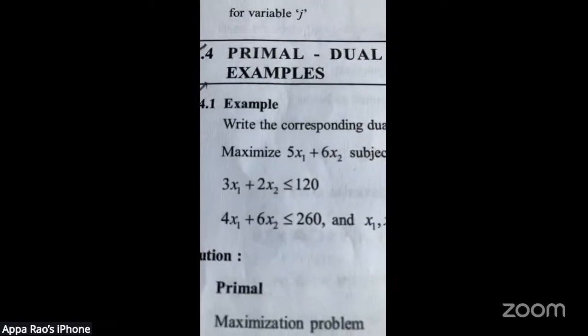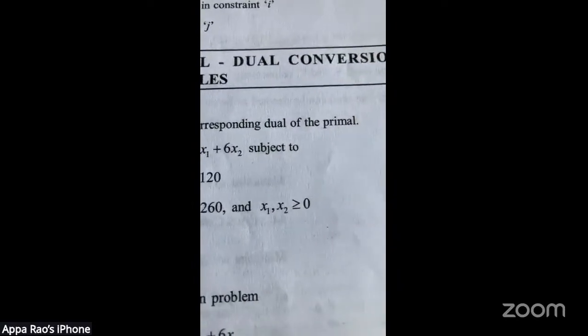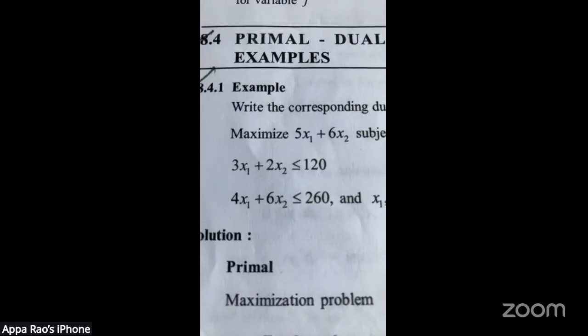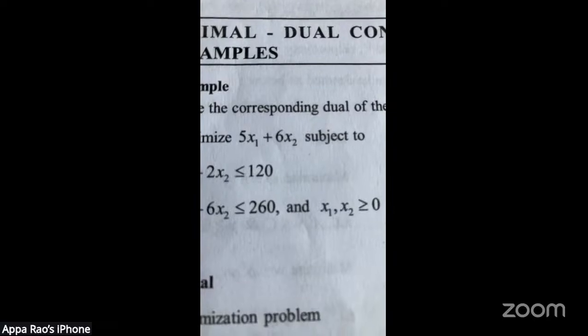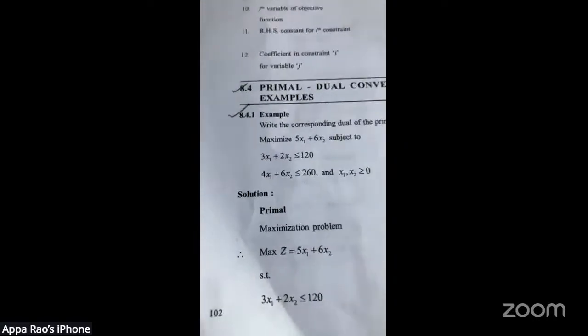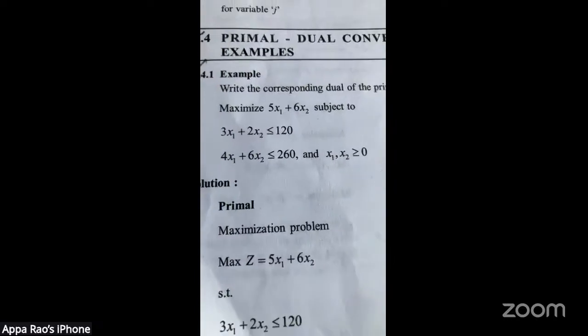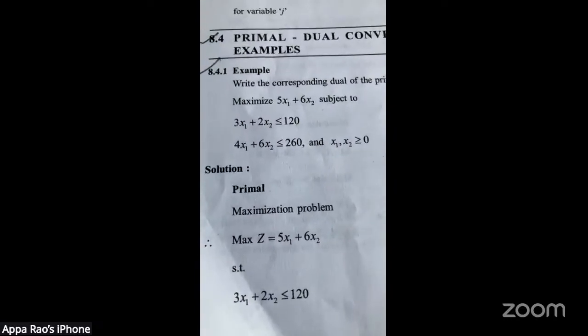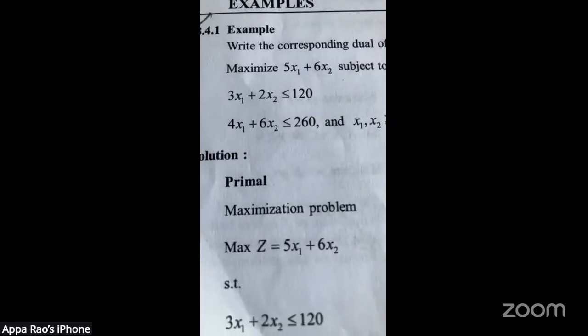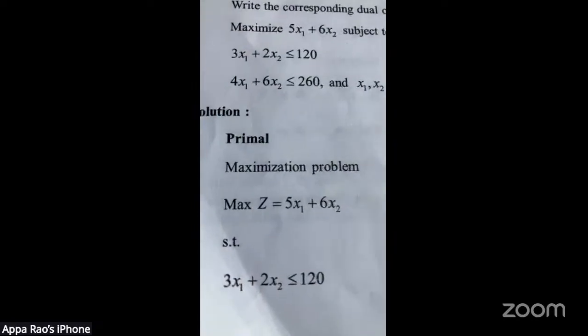One problem: 5 marks important. Example: write the corresponding dual of the problem. Maximize 5x1 plus 6x2 subject to 3x1 plus 2x2 less than or equal to 120, 4x1 plus 6x2 less than or equal to 260, and x1, x2 greater than or equal to 0.